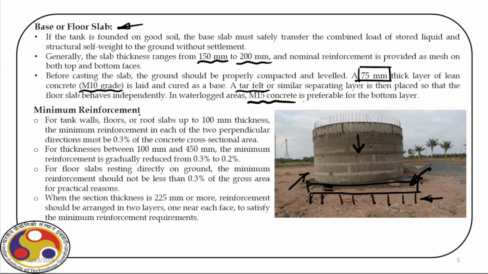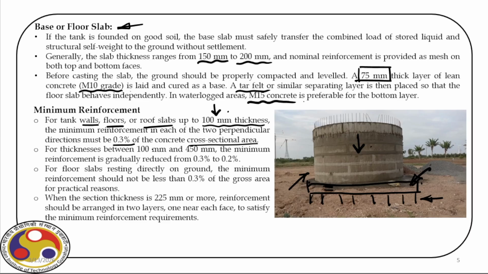Now, let us look into the details of minimum reinforcement. So, for tank walls, floors and roof slab up to 100 millimeter thickness, the minimum reinforcement in each of the two directions must be 0.3% of the concrete cross-sectional area. Remember, the thickness up to 100 millimeter.